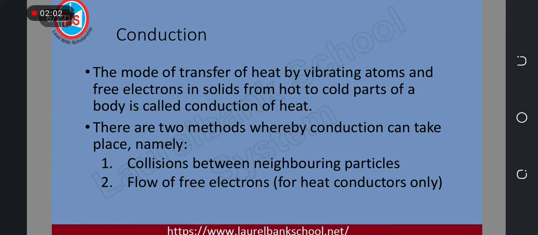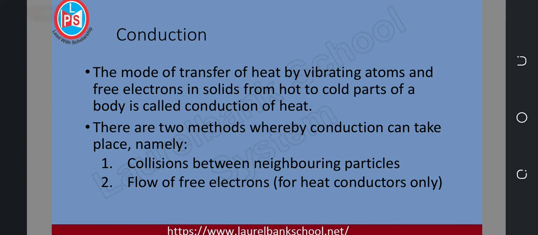So dear students of LPS, conduction is the mode of transfer of heat by vibrating atoms and free electrons in the solids from hot to the cold parts of a body. So this is known as conduction of heat.